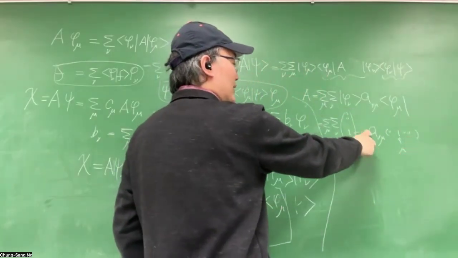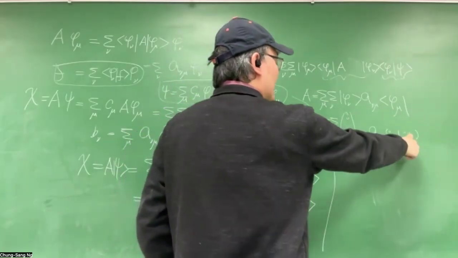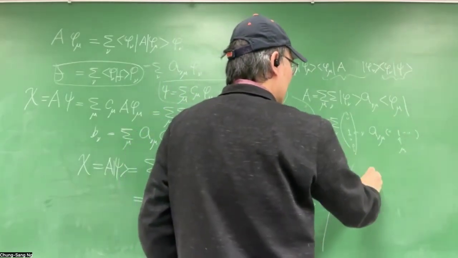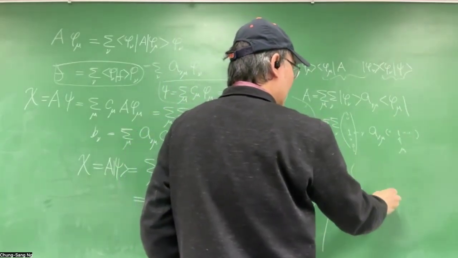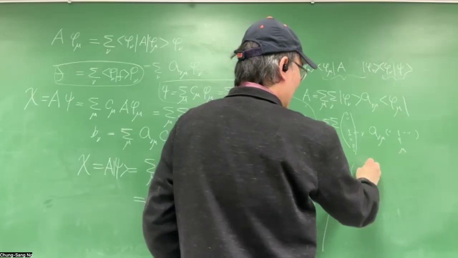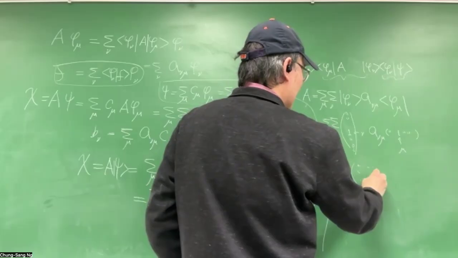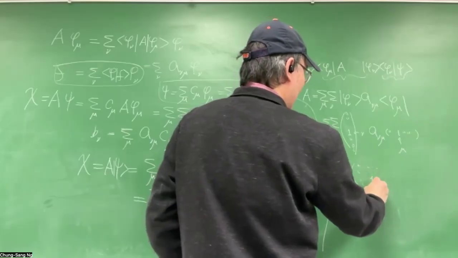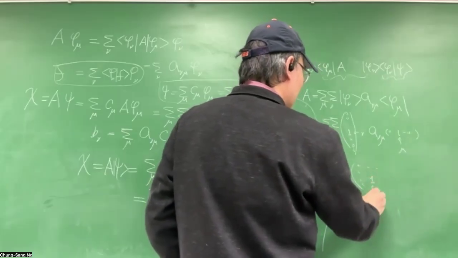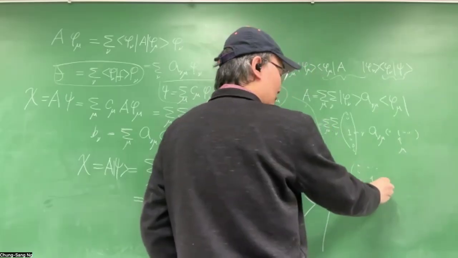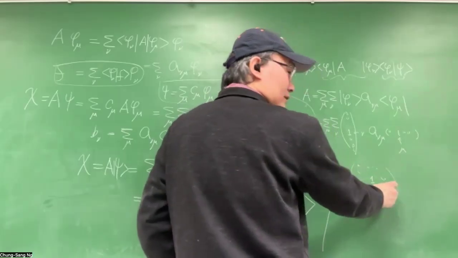So this is a number, and this times that will be a matrix that is all zero except the mu, nu position, which will be one. The rest are all zero.